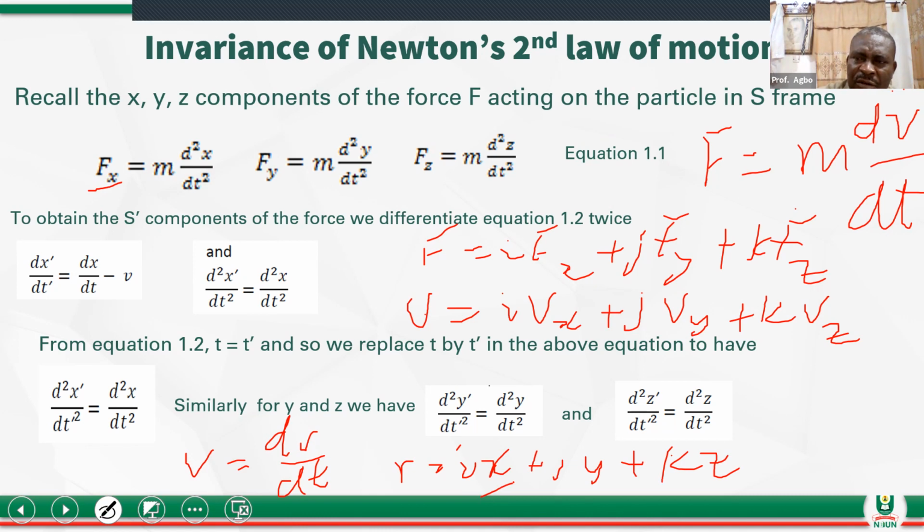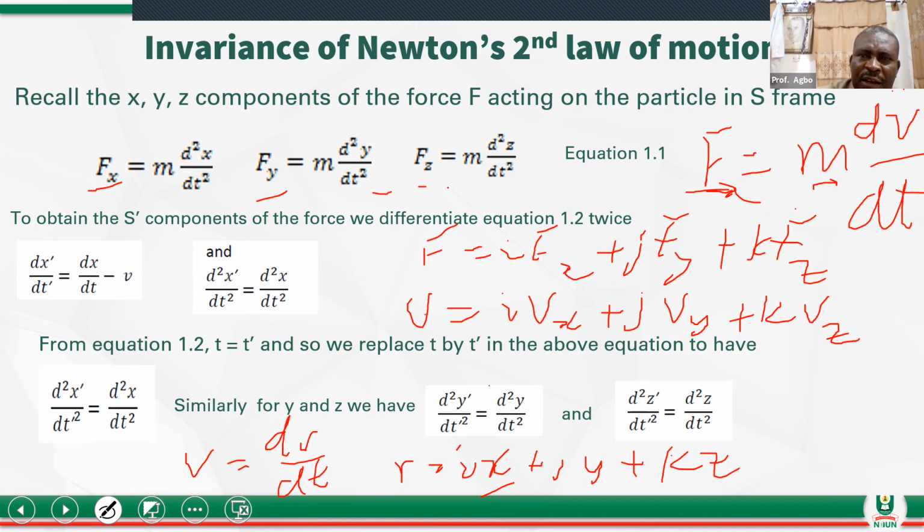So that means that our m here retains itself. The component of the force along the x-axis will be m d squared x over dt squared. Fy, that is the component of the force along the y-axis, is equal to m d squared y over dt squared.